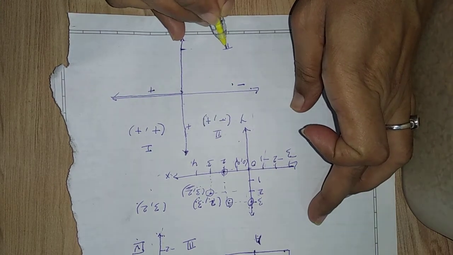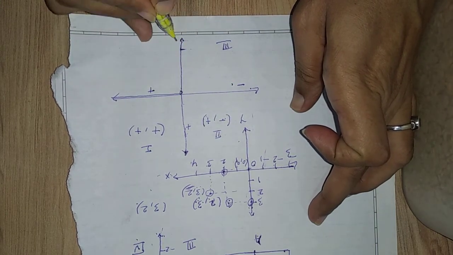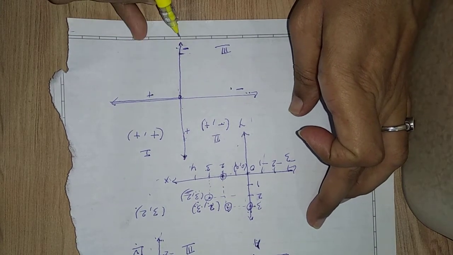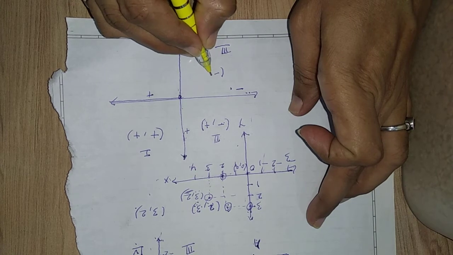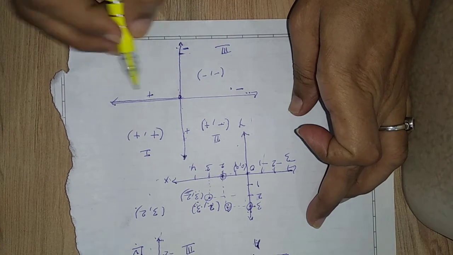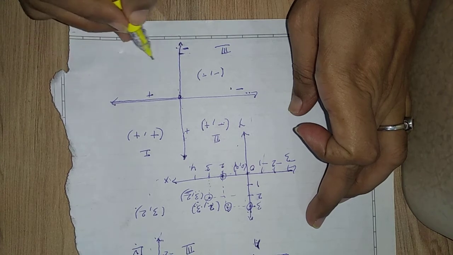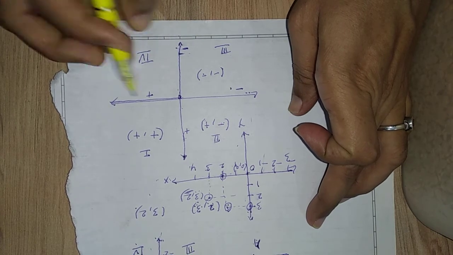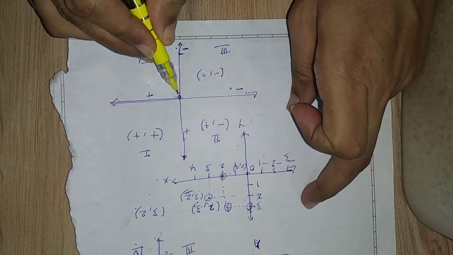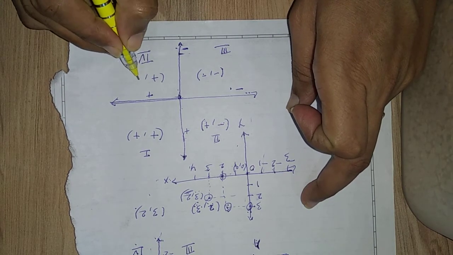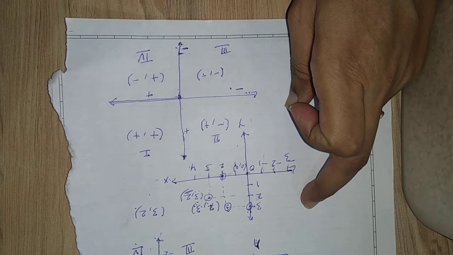In the third quadrant, both x and y are negative. X is negative, y is also negative. So the third quadrant is minus, minus. In the fourth quadrant, x is positive while y is negative. So we write here x coordinate positive and y coordinate negative.